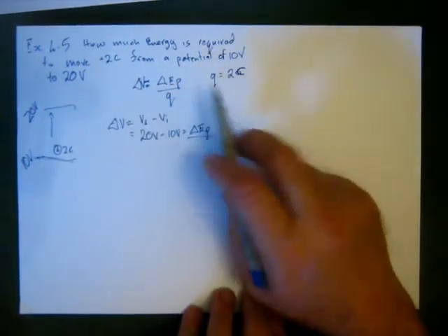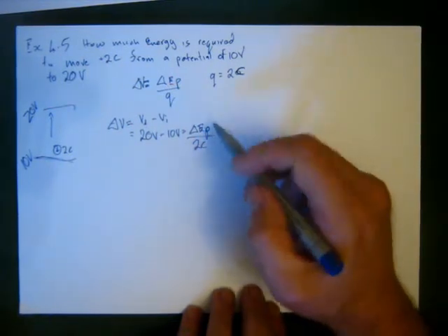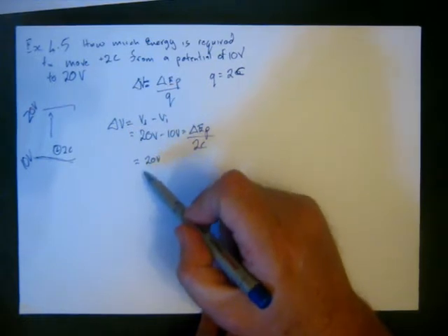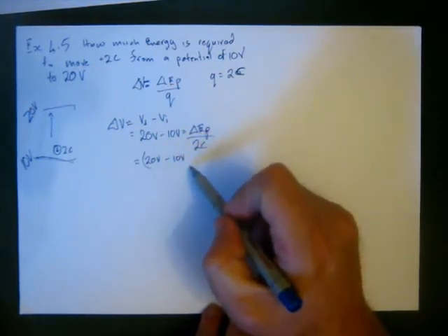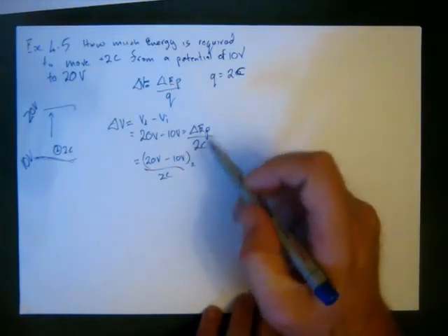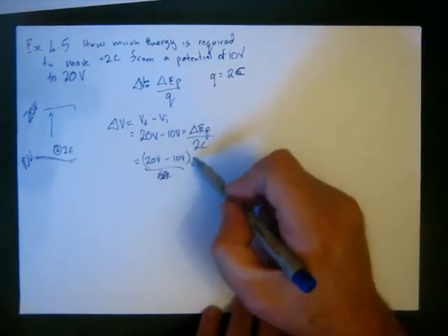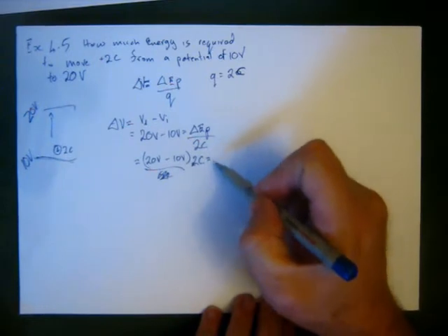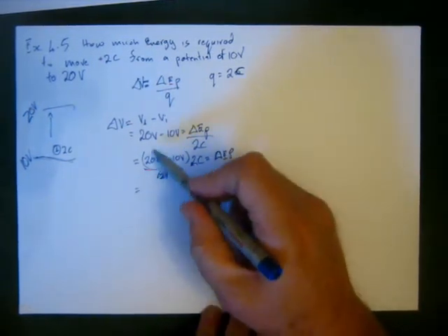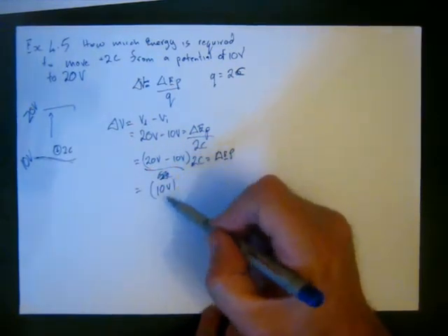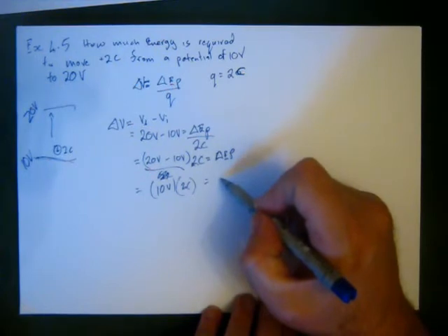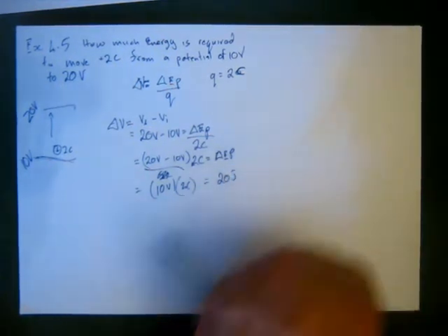We said the charge is 2 coulombs. This is what we want to find out. So 20 volts minus 10 volts, multiplied by 2 coulombs. I can't even rearrange today. Equals change in EP. So that's 10 volts times 2 coulombs equals 20 joules of energy.